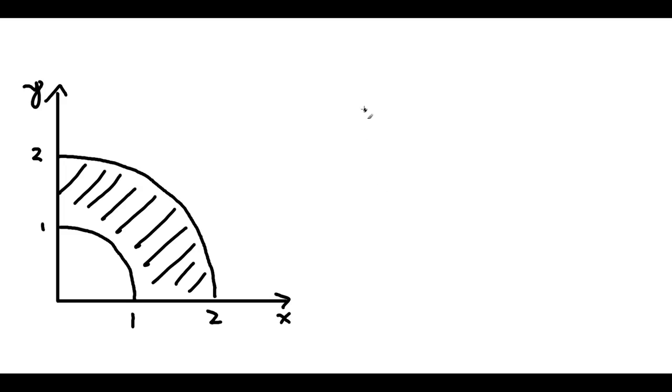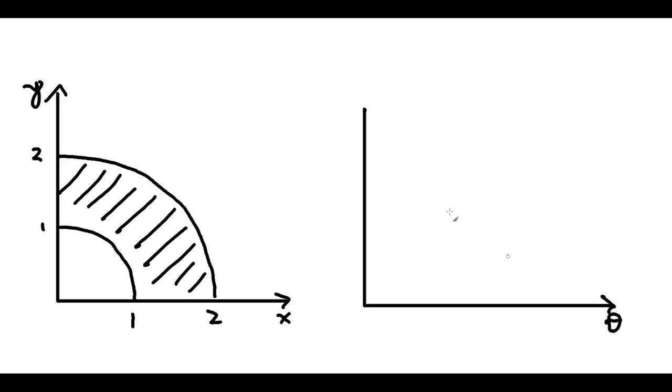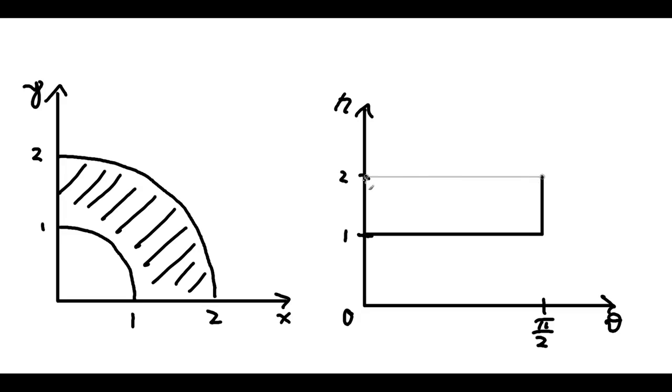And the reason for that is that if you plot this in the theta r plane, you might have done a little bit of this with theta and r in Calc 2, possibly. If you come out to pi over 2, here's our origin. Then this region becomes this region, right?